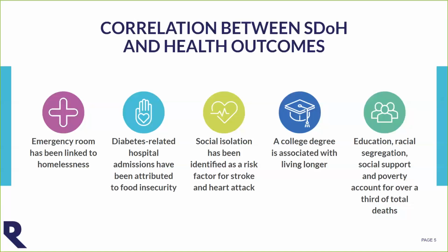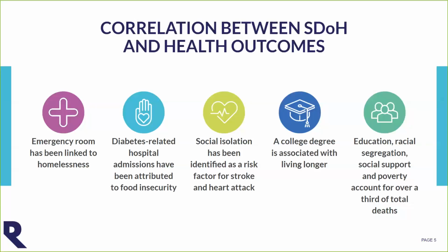So these social factors have been shown to have an enormous impact on health outcomes. There's a high correlation between social determinants and health. So a couple of examples here. The emergency room has been linked to homelessness. We commonly hear of ER boarding that can happen. Diabetes-related hospital admissions have been attributable to food insecurity, as well as social isolation has been related to stroke and heart attacks.